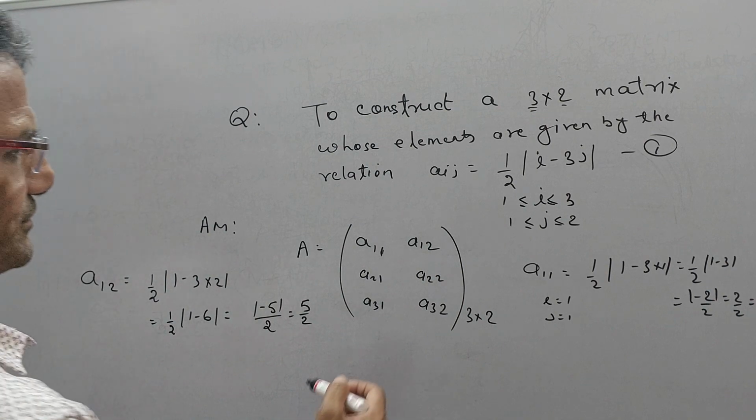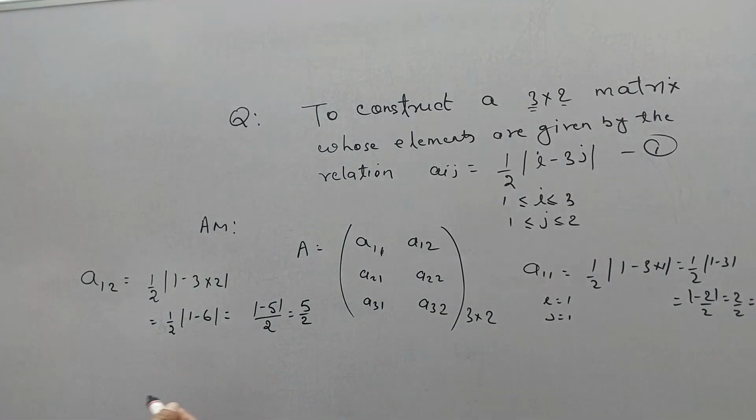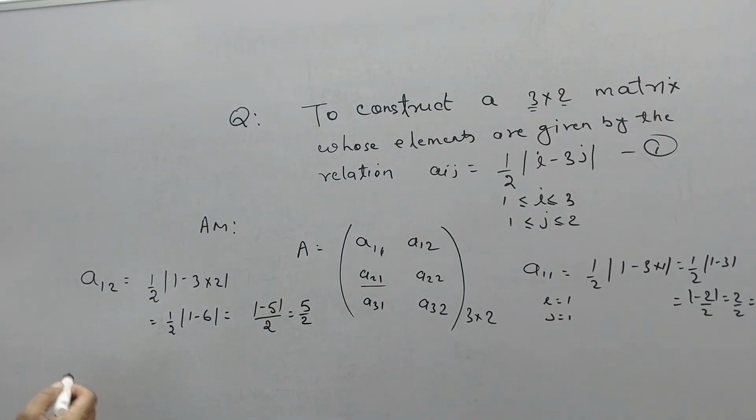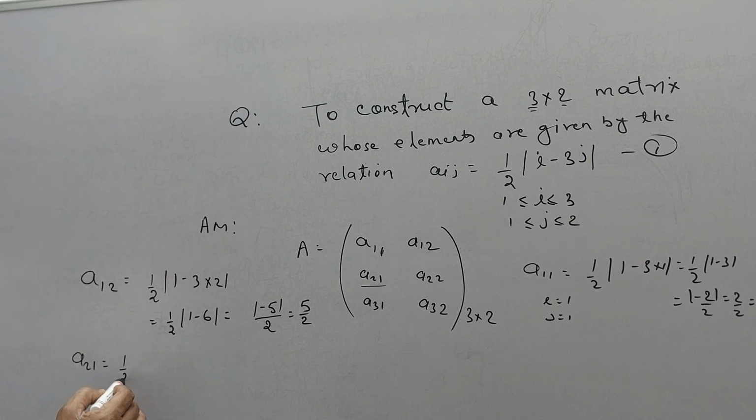Now the second row first column element, a21. Here i is equal to 2 and j is equal to 1.